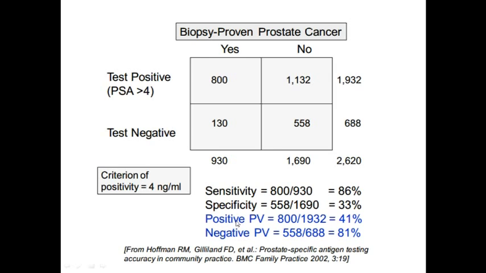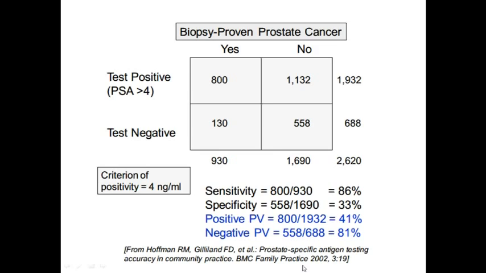The positive predictive value for this test especially is 800 over 1932 multiplied by 100, giving it the positive predictive value of 41%, and a negative predictive value of 558 over 688 multiplied by 100, given as 81%. Now this data has been adopted from this particular study. You can find out more about this study by reading a BMC Family Practice journal article.